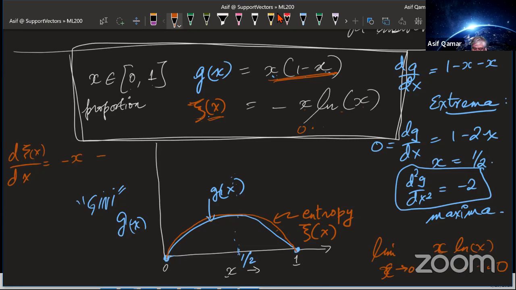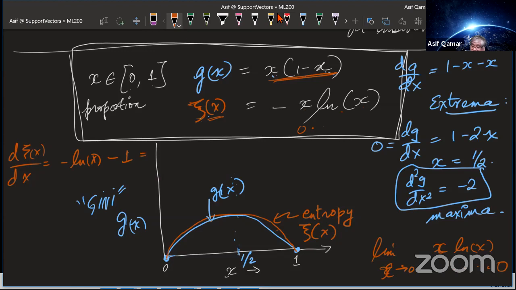Do you remember? 1 over x. So the first term you would have is minus log of x, and the second term would be minus x over x, isn't it? And so you would essentially come to the conclusion that suppose you have this.